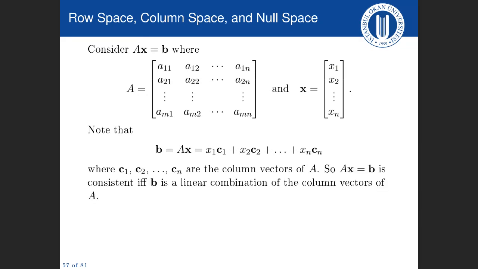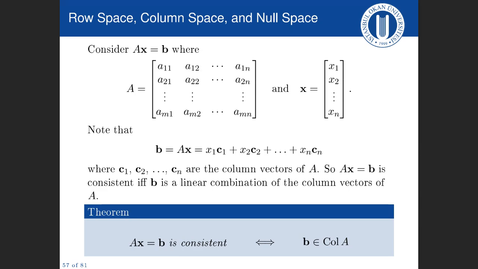So that means Ax equal to b is consistent if and only if b is a linear combination of the column vectors of A. That's an important idea. Let's write that as a theorem. The linear system Ax equal to b is consistent if and only if b is in the column space of A.